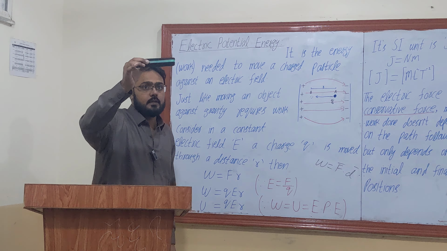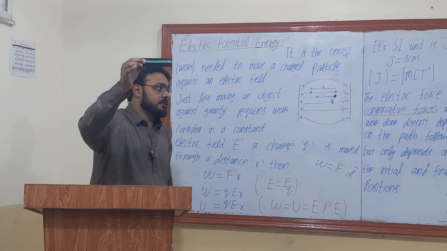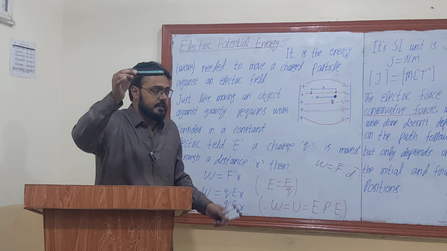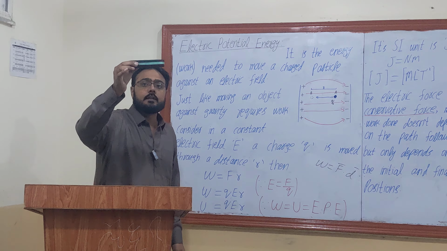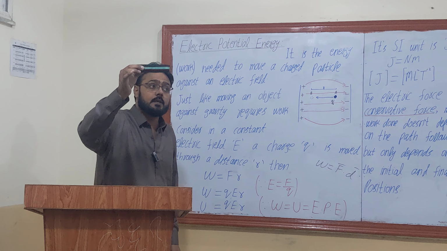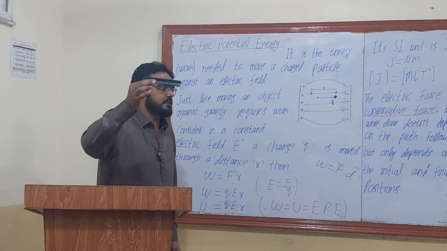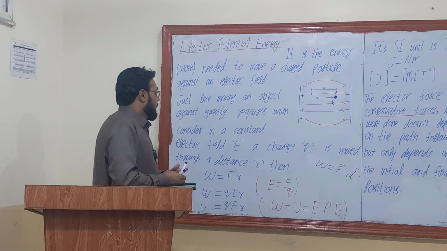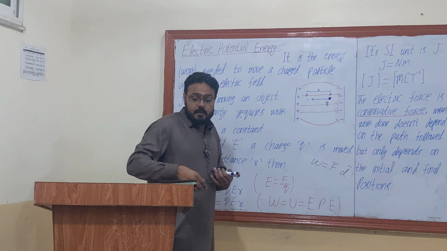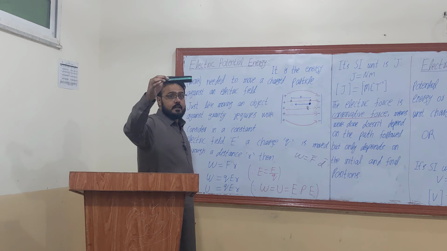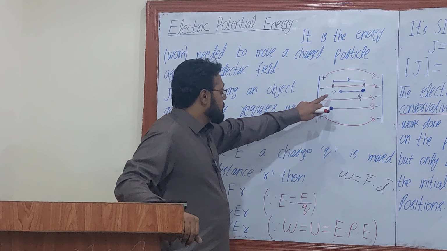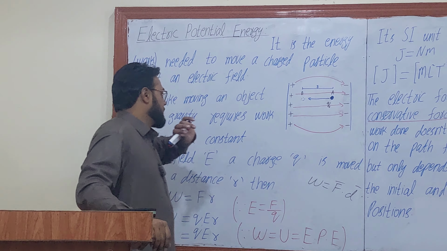It has energy. It can damage if I release it. Anything placed under the duster, it depends upon the mass of the duster. Same here: the energy is stored as gravitational potential energy. Here the work is stored as electric potential energy.